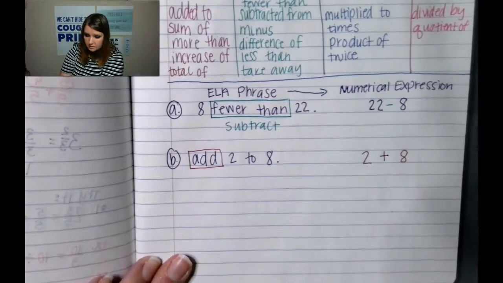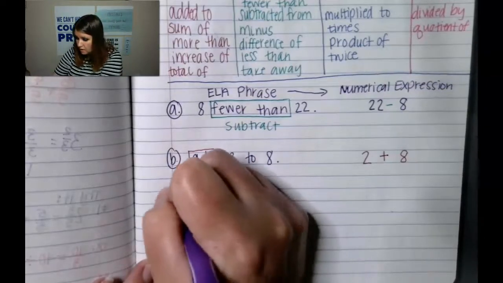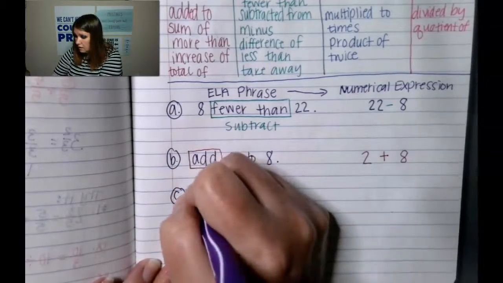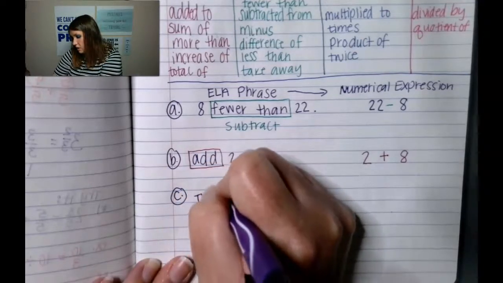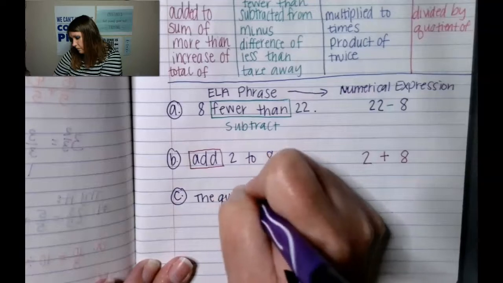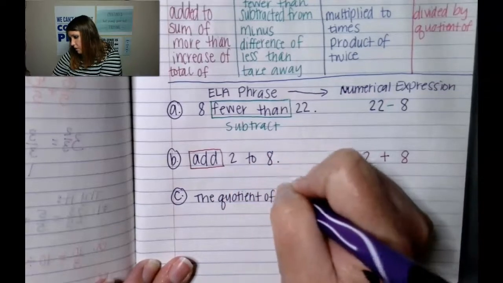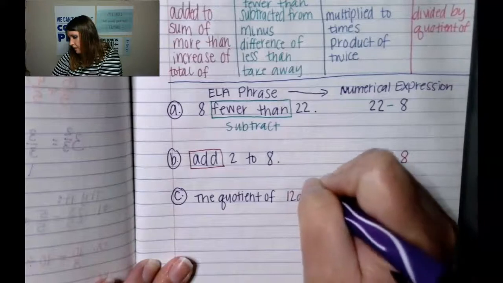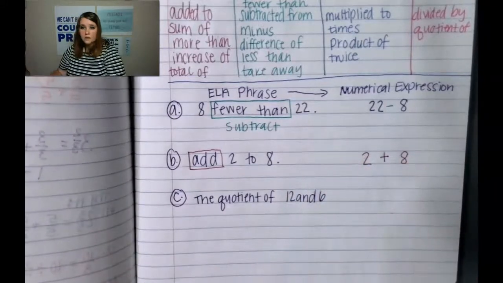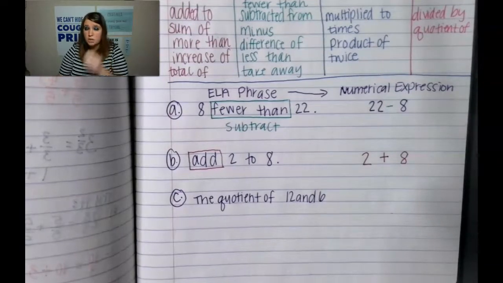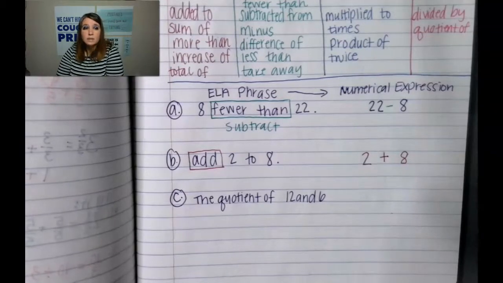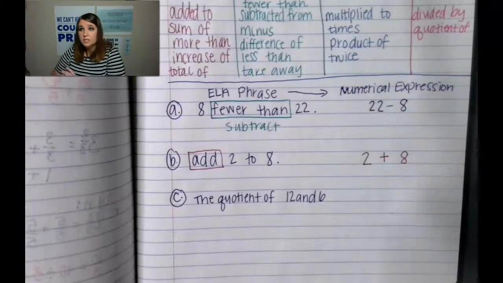All right, let's do one more. Let's say the quotient of 12 and 6. Okay, the quotient of 12 and 6. If I'm looking at the quotient of 12 and 6, what is my clue word there? Quotient, right.